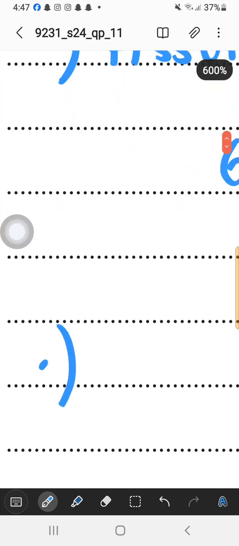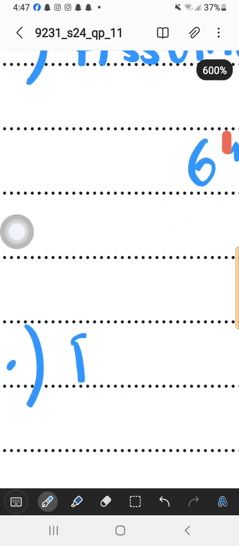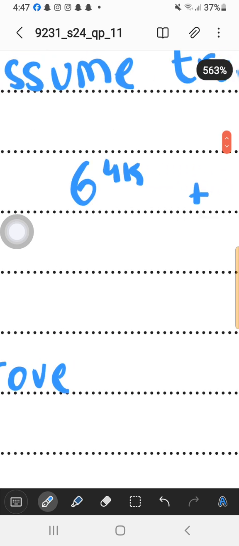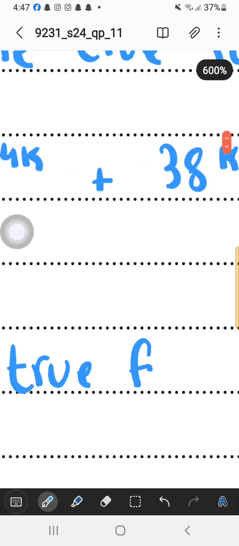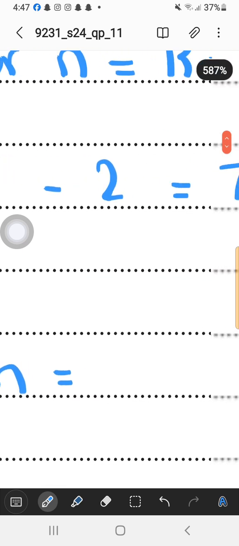Now we are going to our last step, in which we will prove true for n is equal to k plus 1.